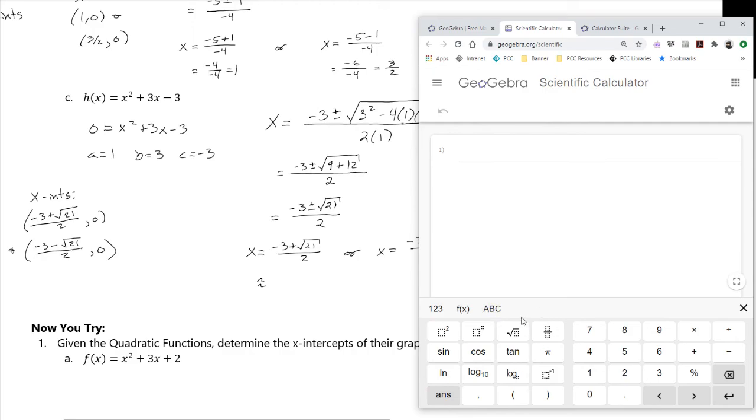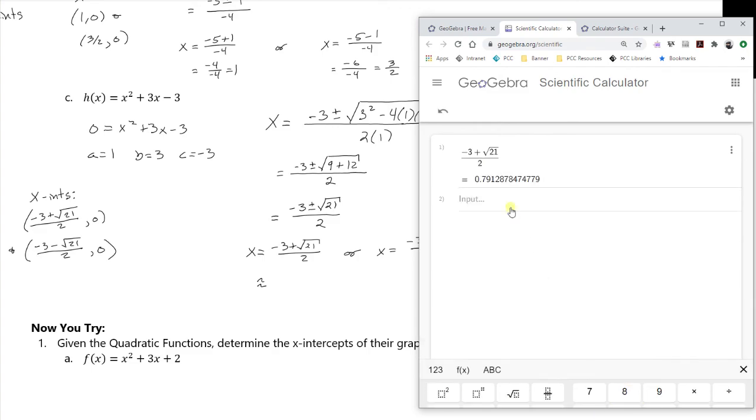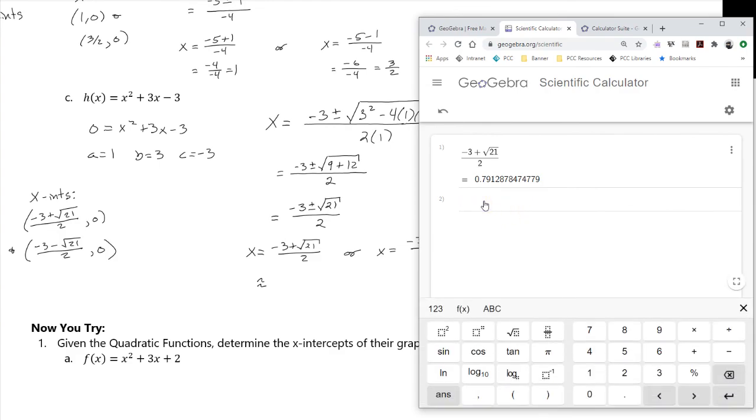We want a fraction, and on top I'm going to put negative 3 plus the square root of 21, and on the bottom we'll put the number 2, and so this approximates to 0.79, and then we'll do this again.